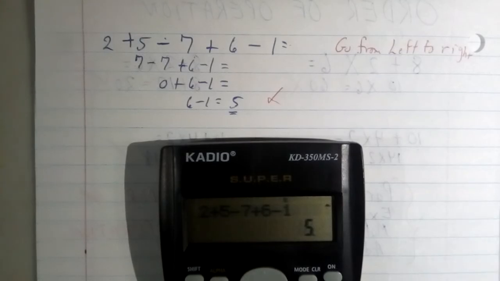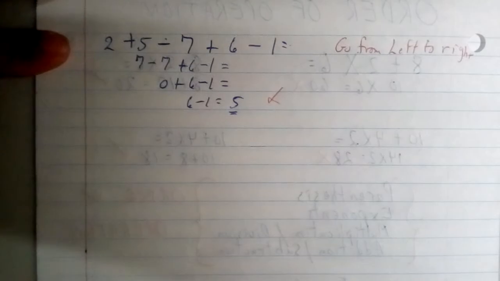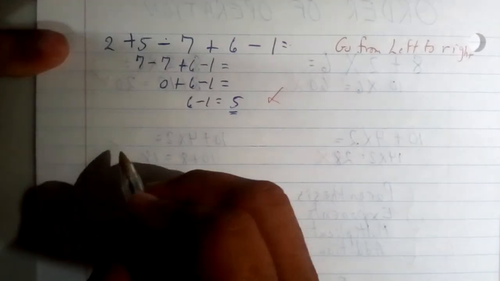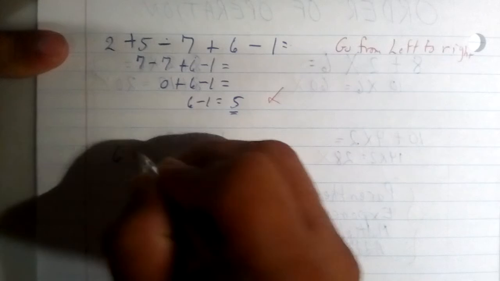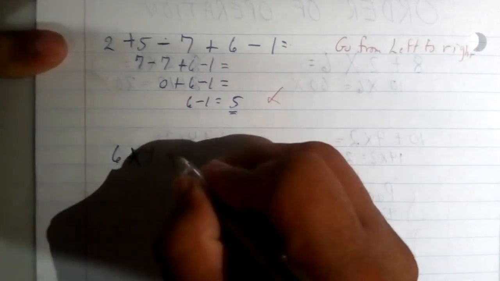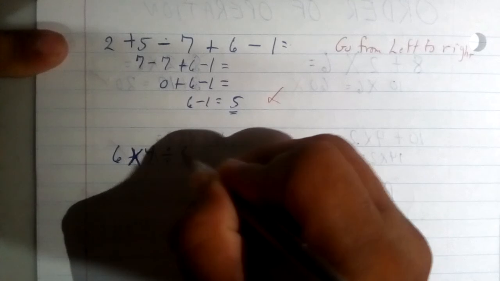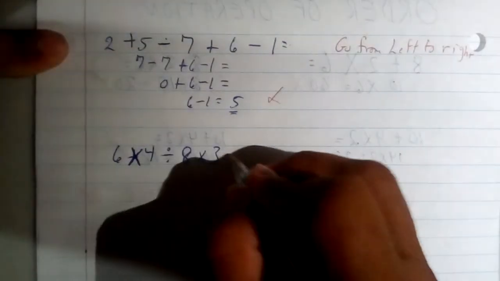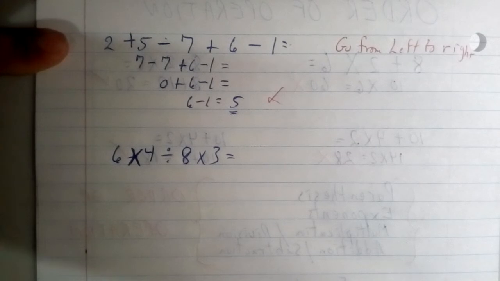So if you notice, this was with addition and subtraction in the same level. So let's try one with multiplication and division. Well, our example is as follows. We have 6 times 4 divided by 8 times 3. Okay, so that's our working out. Now when we have these problems, our order of operations says we should do brackets or parentheses, exponents, multiplication, division.